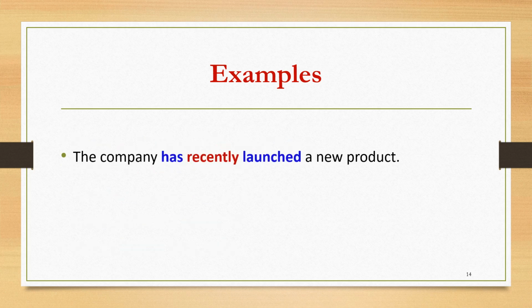The company has recently launched a new project. So here recently is the time expression word that indicates to us that we have to use the present perfect. Have you seen that movie yet? Yet is also a time expression word accompanying the use of the present perfect.